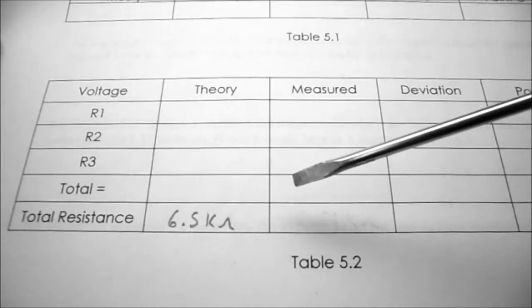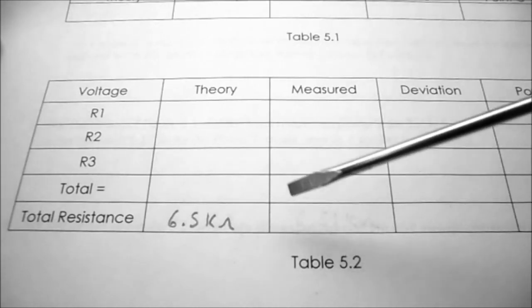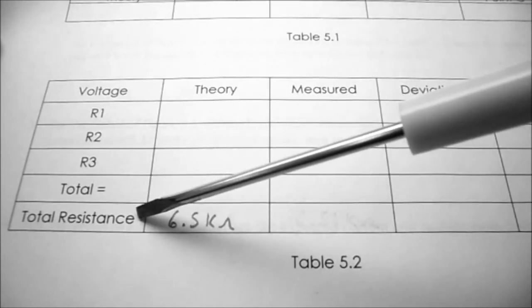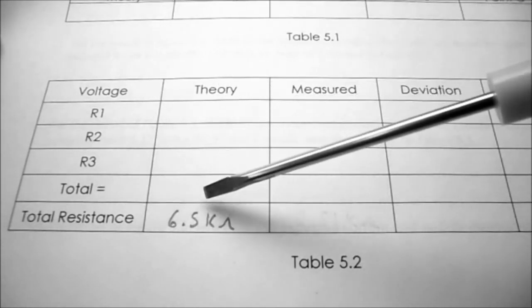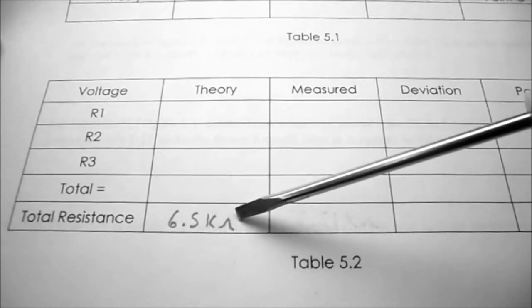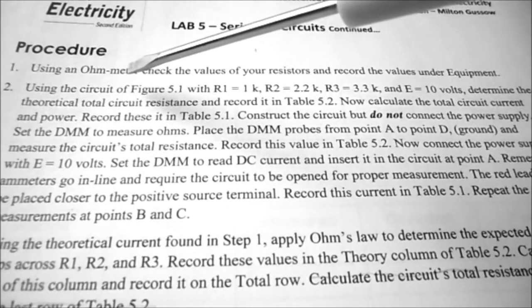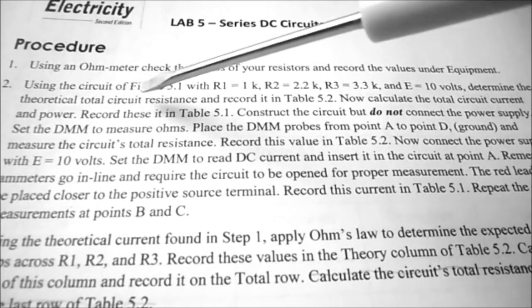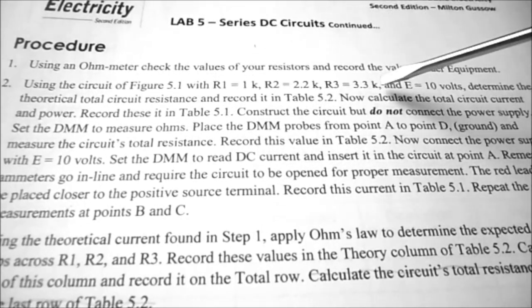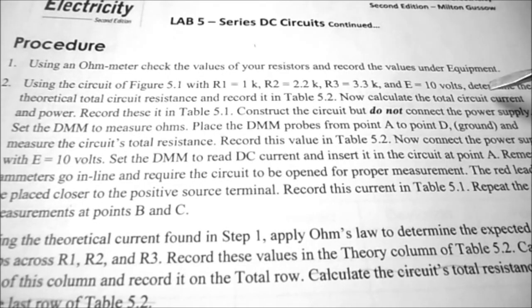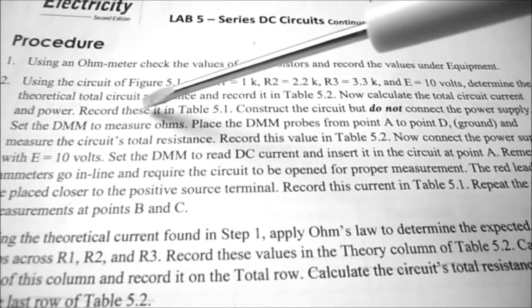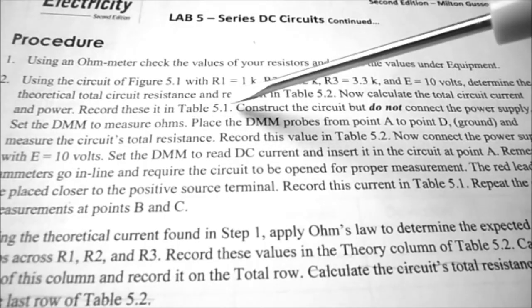So you can see I've modified Table 5.2 so that we can put in total resistance under theory as 6.5K ohms. So under Procedure, step number 2, once you've calculated the total circuit resistance, we can now calculate the total circuit current and power and record these in Table 5.1.